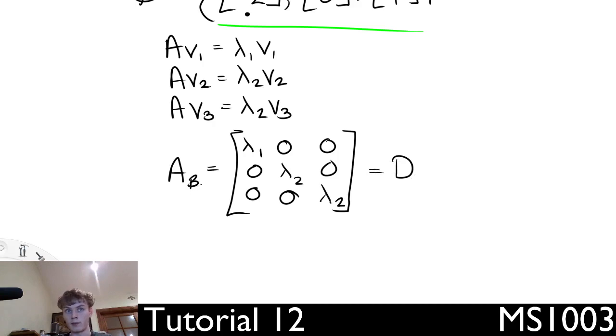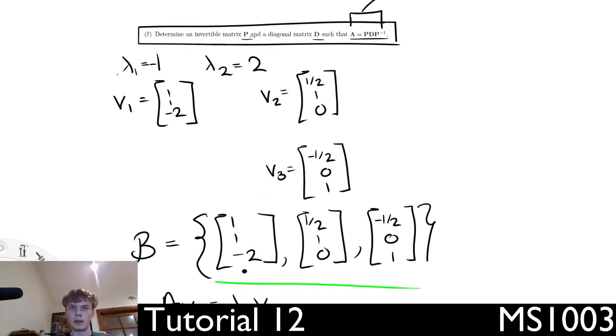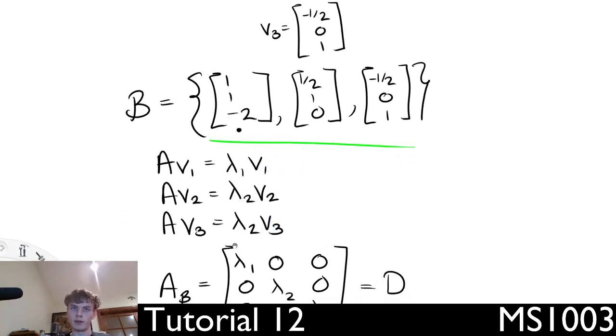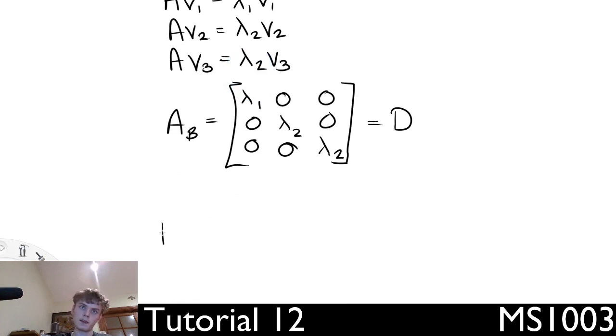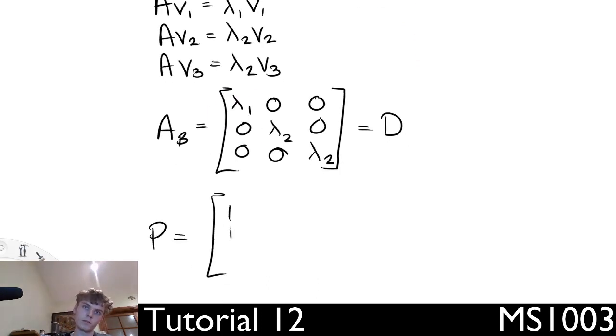A in the basis B. And I can get to it by using a change of basis matrix P, where P is just built out of the eigenvectors of the basis. So P is just going to be 1, 1, minus 2, a half, 1, 0, and minus a half, 0, 1.